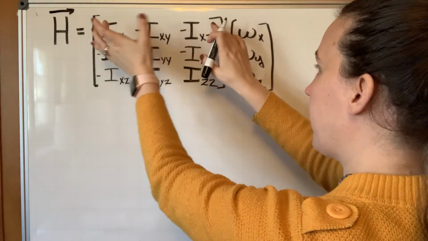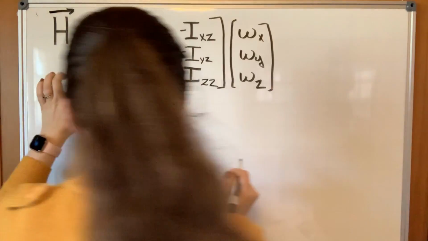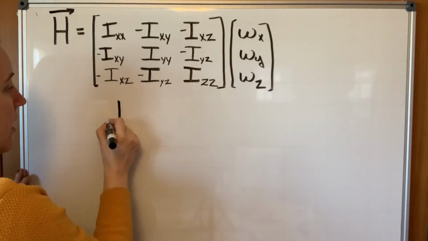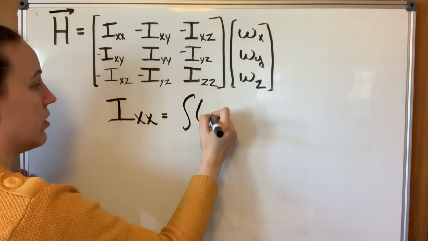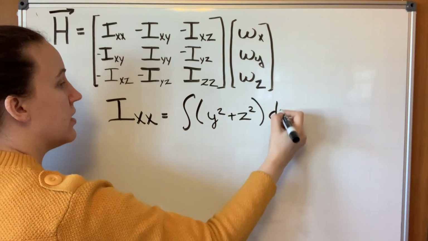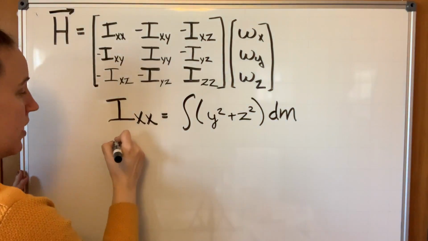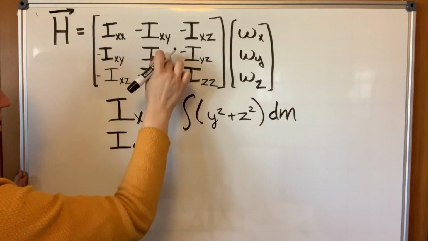And so then when we multiply this out, we'll take these times this, as we do with vector multiplication, where I_x is going to be the integral of y squared plus z squared dm, and we're going to have our I_y. This is the middle term.